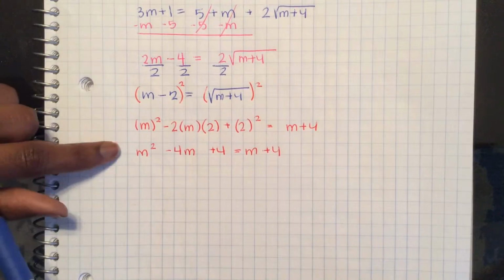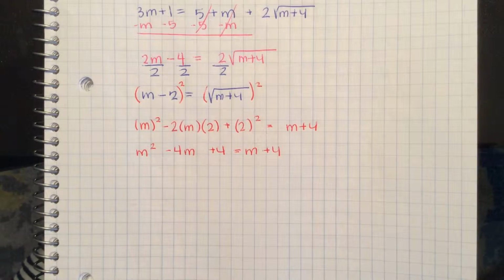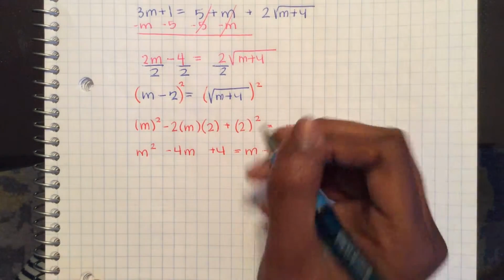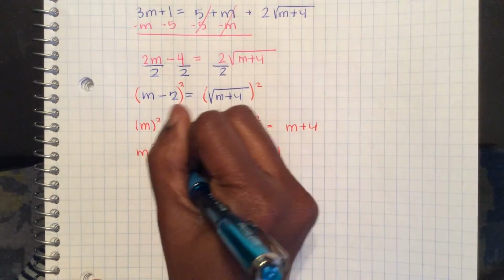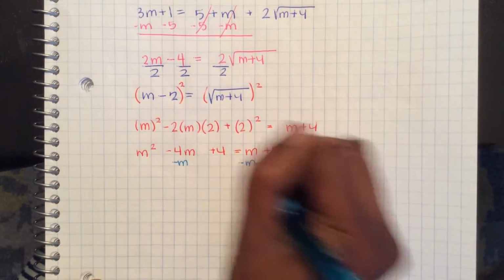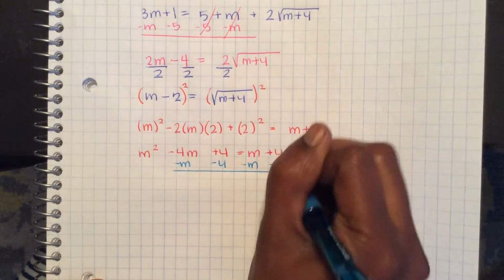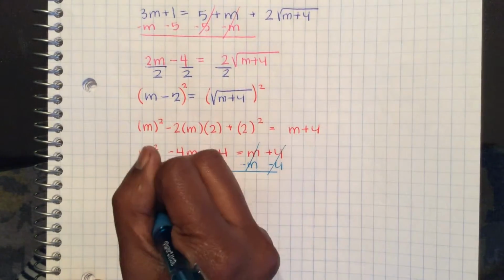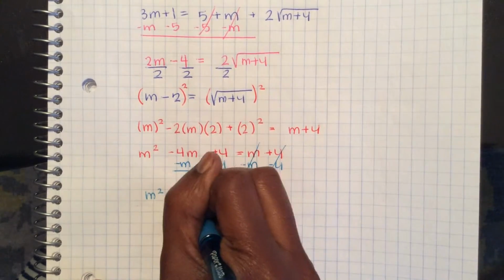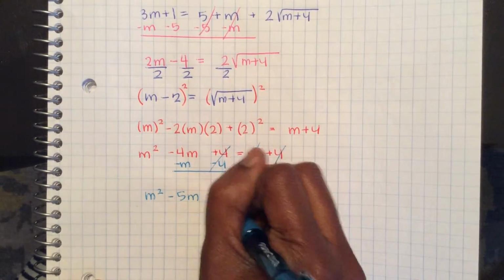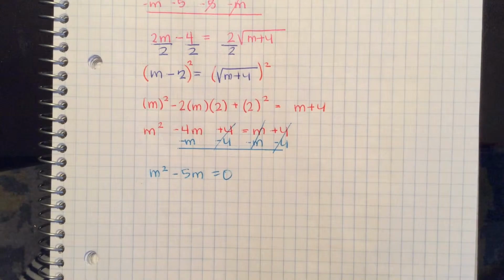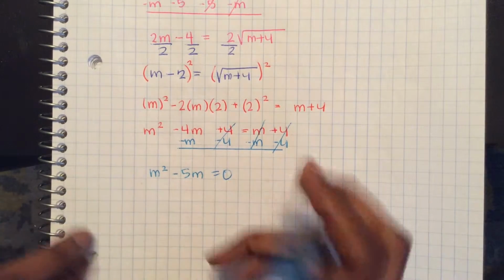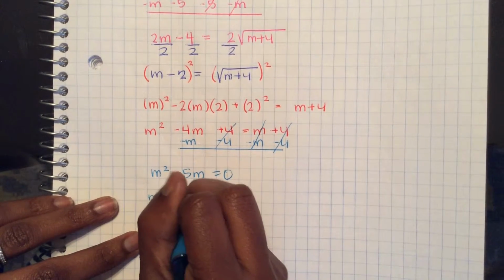Well, now that I have an m squared, this is a quadratic equation. I need to get it equal to 0. So I will subtract m and I will subtract 4. Cancel, cancel. So I have m squared minus 5m equals 0. Cool. To factor this binomial, I see there's a GCF of m.